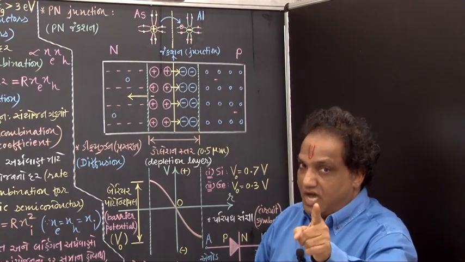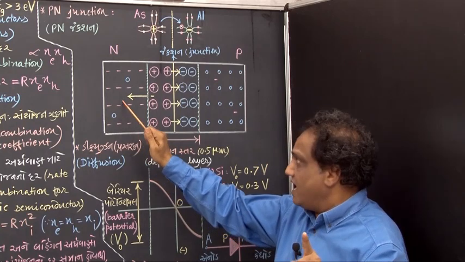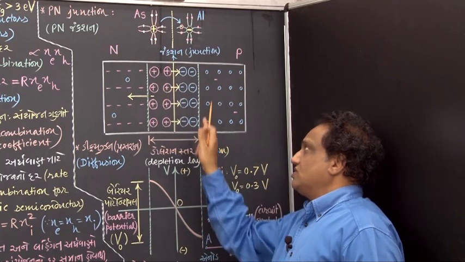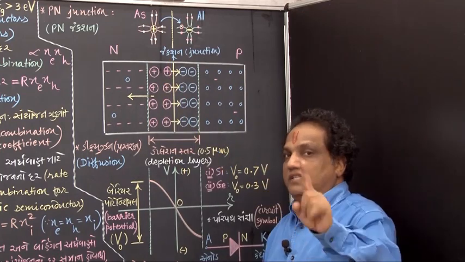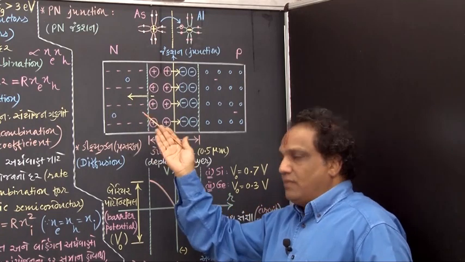Why? Because now if any electron wants to migrate from N to P type semiconductor, first of all it will have to cross this strong electric field, and that job is now very difficult because these electrons are at room temperature.